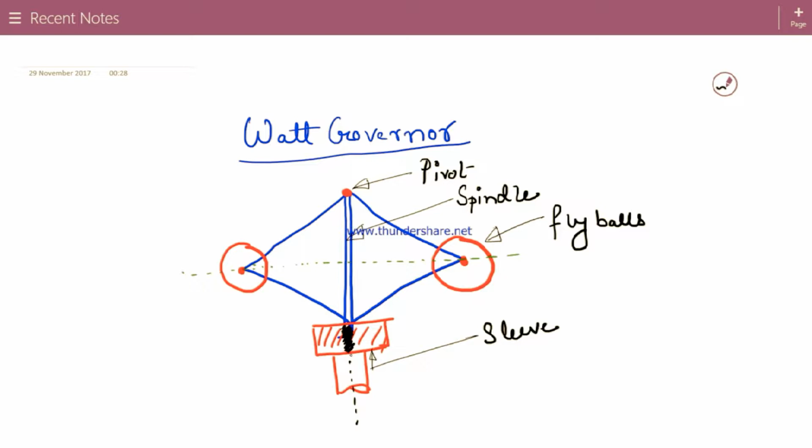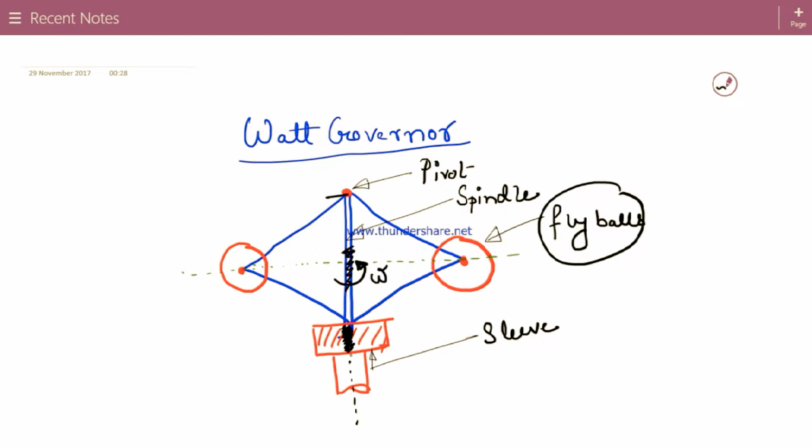And today we are discussing the governor. It's a simple type of governor where the red round things are the fly balls, and this one is the spindle, which rotates with a certain angular velocity.